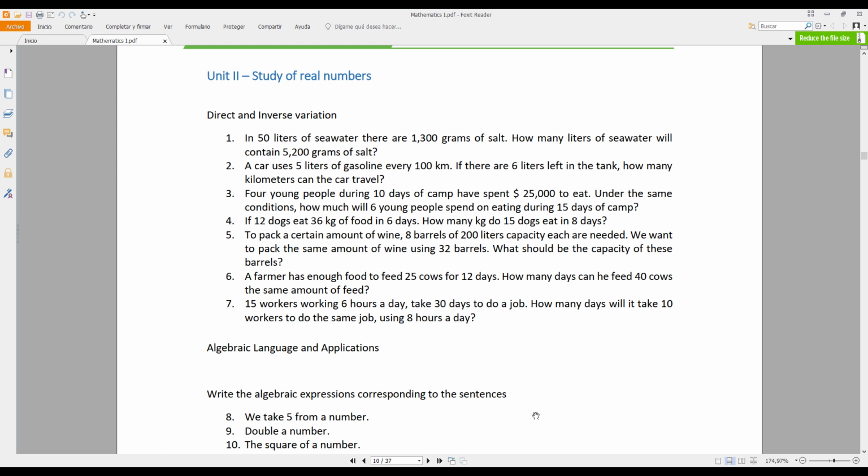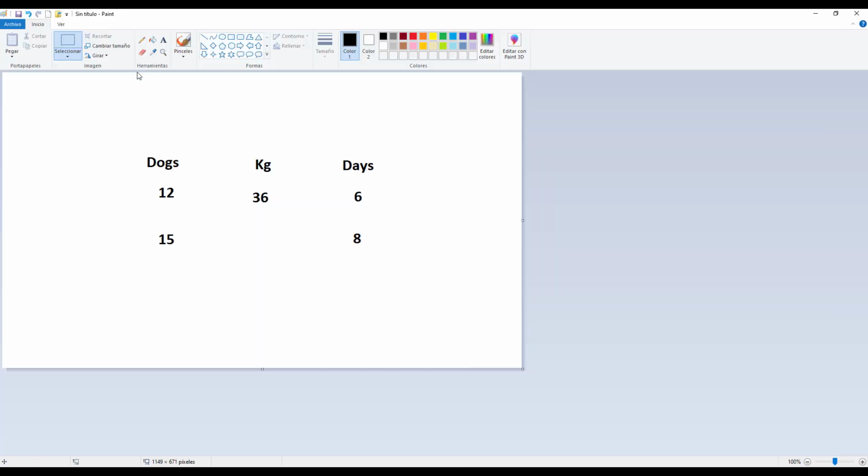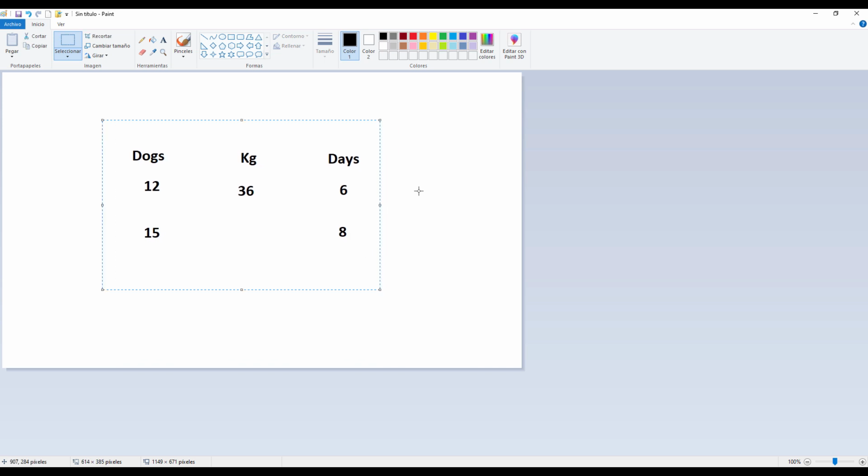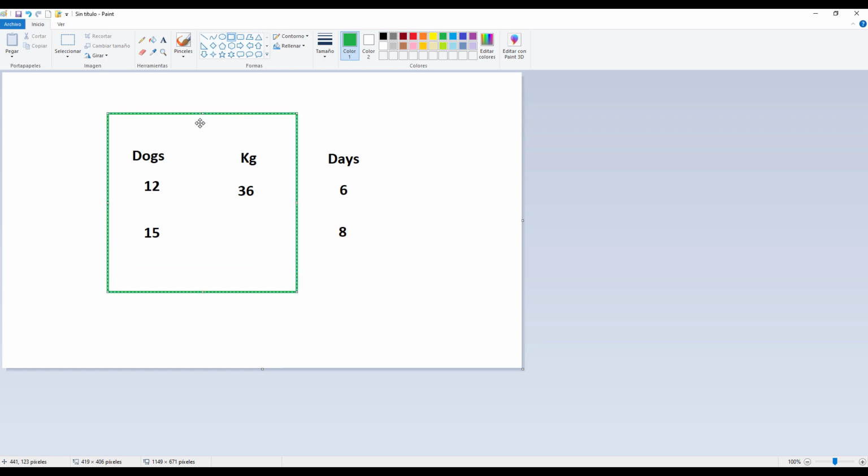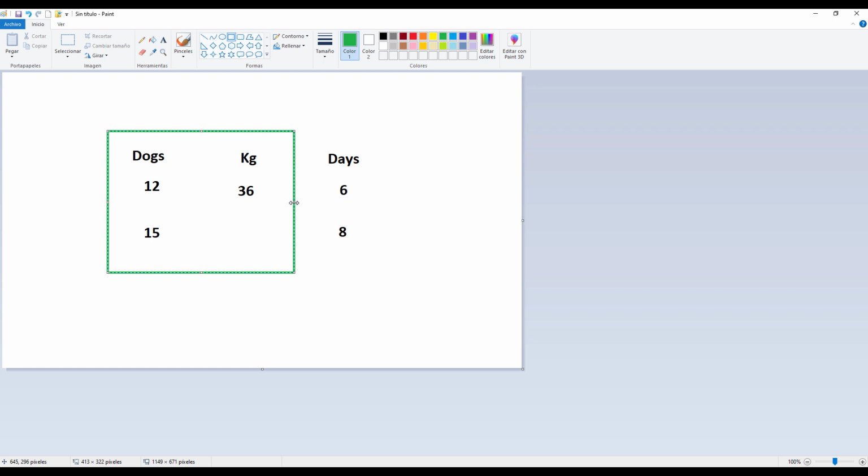Now you need to group the data first, however you want, but here I will group that data.